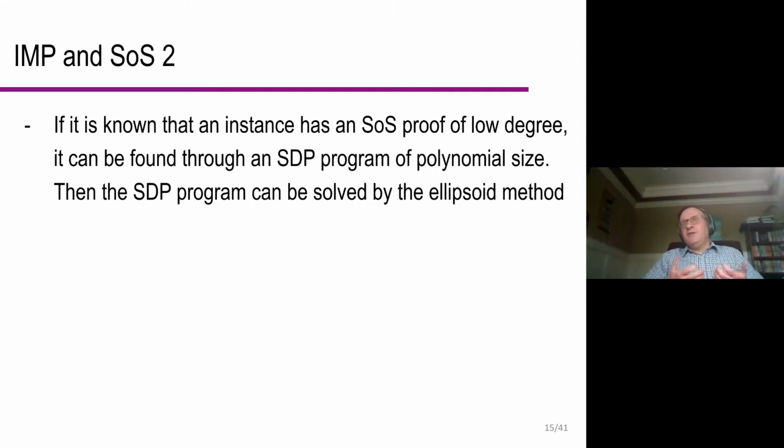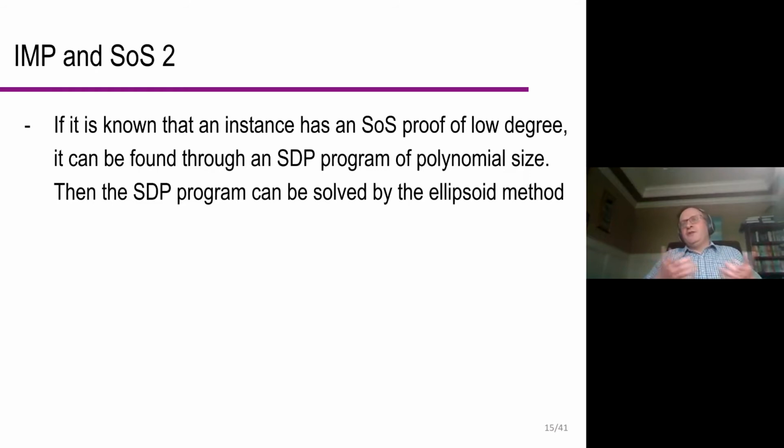Then again, I can play the same trick. I can write them down as polynomials with unknown coefficients and reduce everything to a system of linear equations, like with Nullstellensatz proofs. But there is a catch in this case, because I also want to make sure that the polynomials from the SoS part are actually squares of polynomials.